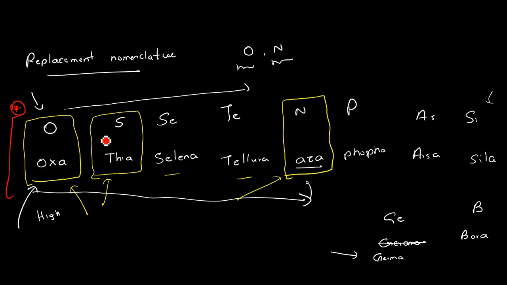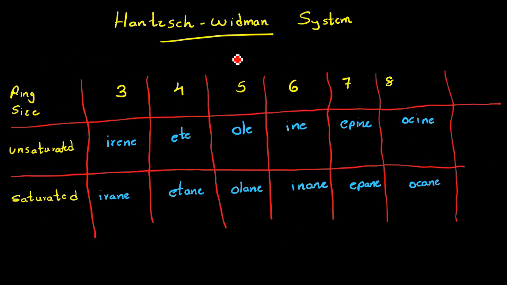This is the word that we have used for oxygen, sulfur, selenium, tellurium, likewise. You need to have a good idea about this, at least for oxygen, sulfur and nitrogen, because these three atoms are the most common heteroatoms that we may find in our cyclic compounds. Other than this, there are some other words that we need to keep in mind.